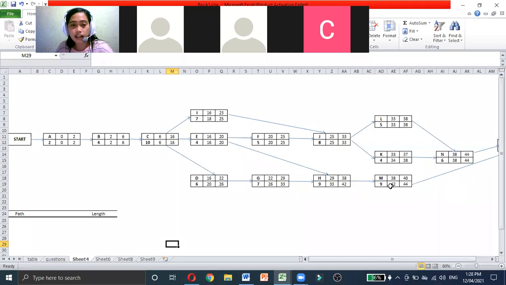Okay, by looking at the project network, now tell me all the paths. I'm not yet looking for the critical path.